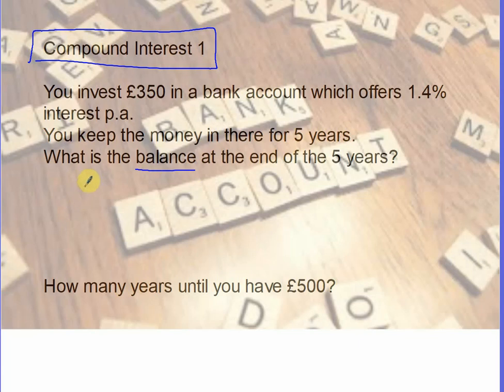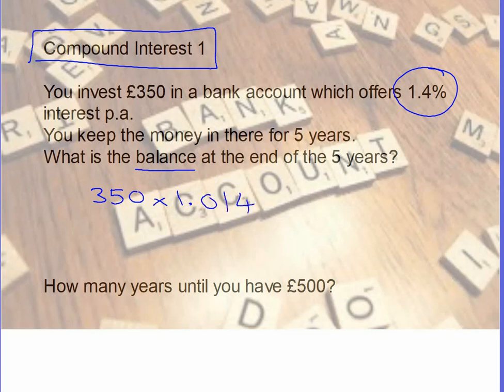So what you could do is you could just keep timesing this by 1.014. Okay, that's the percentage increase multiplier for this, 5 times. Now that takes a long time, but I'll explain it this way. If I times it by 1.01, that would be 1%, so that must be 1.4%, okay?